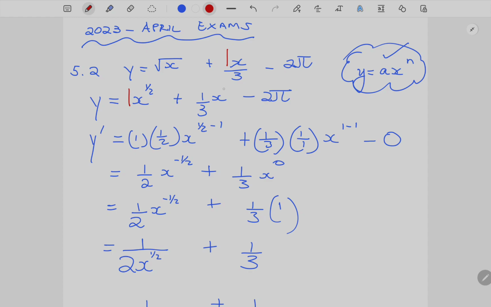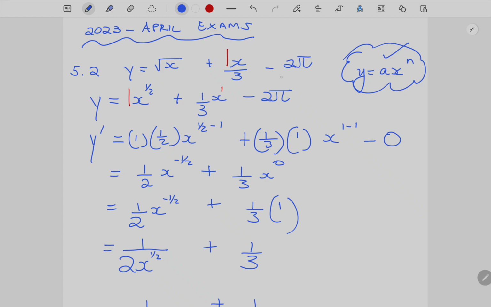Where do we get 1? We multiply by this one, that is an invisible 1, the exponent of x. So we've got 1 over 3 times 1. For you not to be confused, let me just write times 1. So it's 1 over 3 times 1, x to the power 1 minus 1.